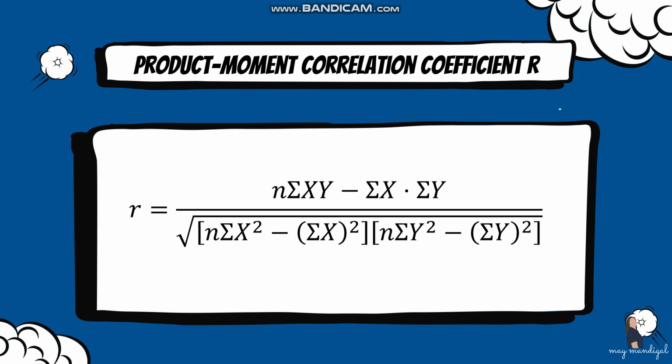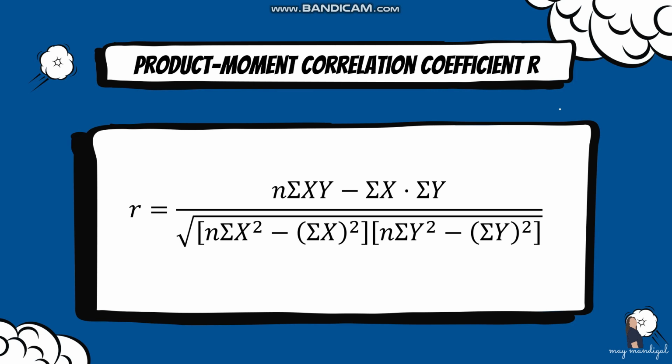But for today, we will not be using this formula anymore. We will be using a particular calculator that will help us get directly the value of r, because in reality, whenever we do research, we're just using calculators and we're not doing it manually.